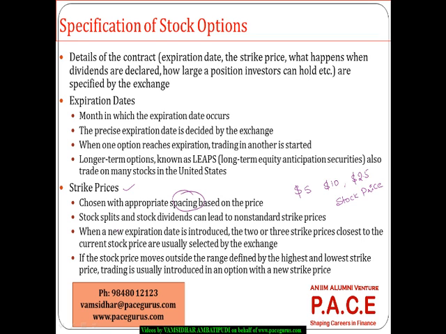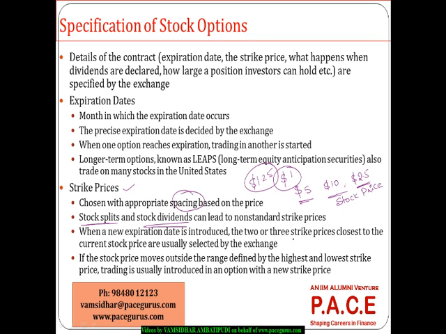But we will talk about it slightly later. If there is a stock split or a stock dividend, the strike price could become slightly non-standard. In general, there may not be a $1 spacing or a $1.25 spacing, but because of a stock split or a stock dividend, that kind of pricing had to come out.